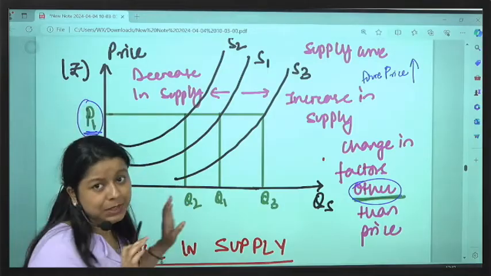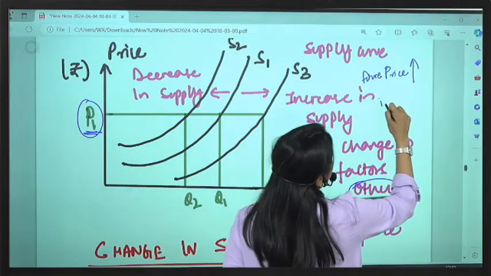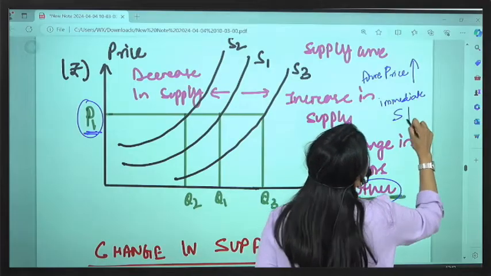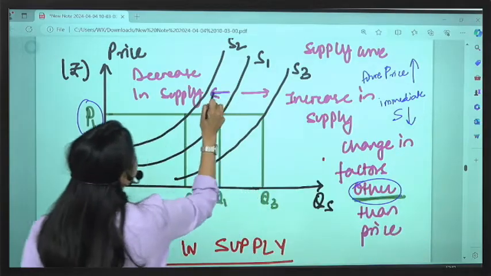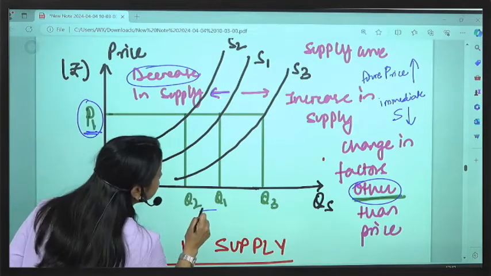So at this price P1, nothing is changing on today's own price. Only the future price expectation changes. Current price is P1, so my immediate supply will go down, and there will be a decrease in the supply at the current price. From Q1 we'll move to Q2.